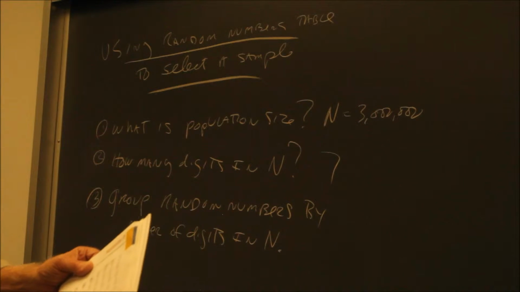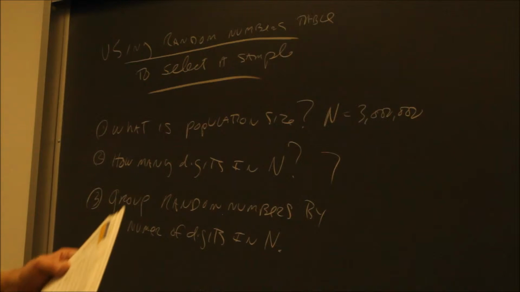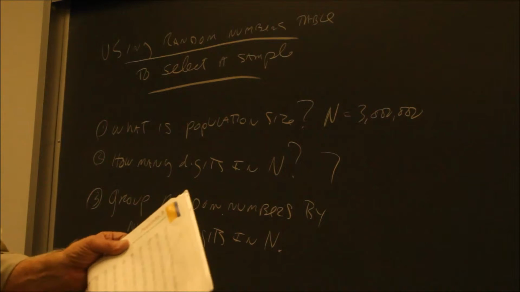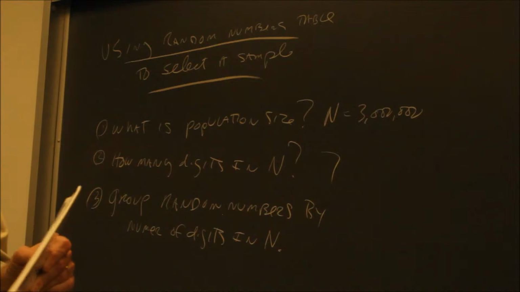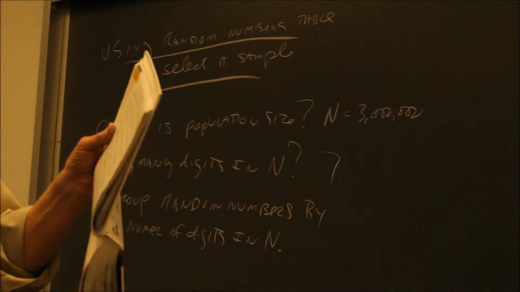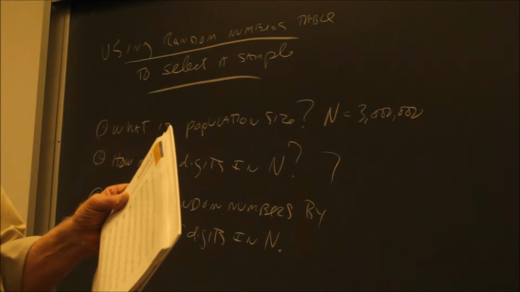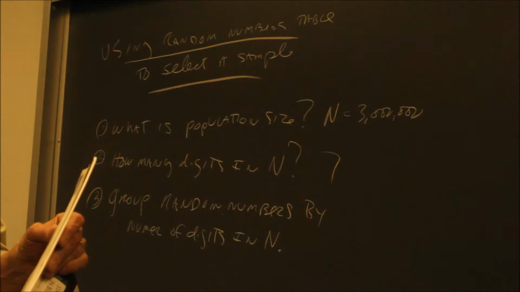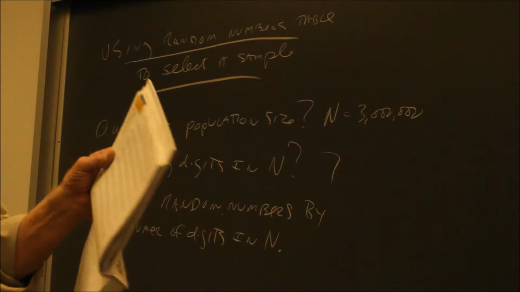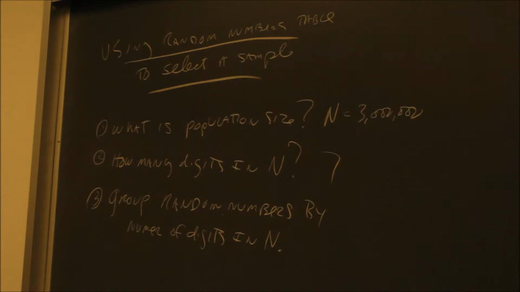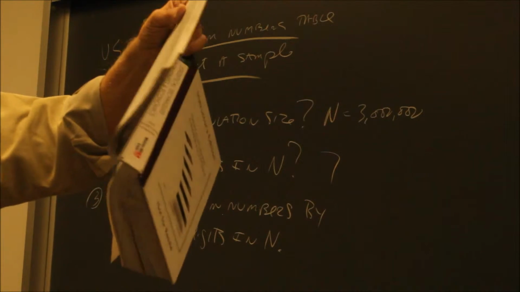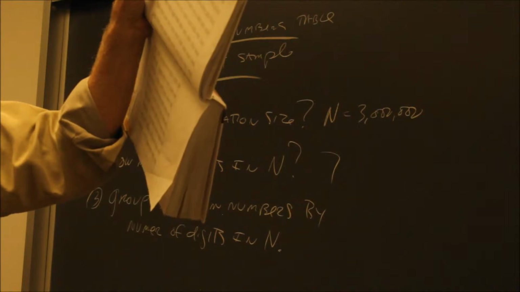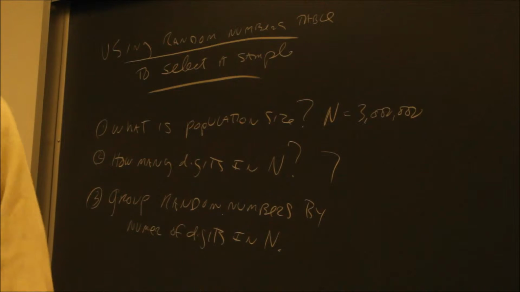You can go down, you can go across, you can go up, you can go any way you want on this table. However, the way I want you to go is I want you to start in the upper left and go left to right. Okay, so that's what we're going to do here, and that's what we're going to do on the final exam. All right, you're going to start on this page right here, 771. You're going to go to the top left and read the numbers across.